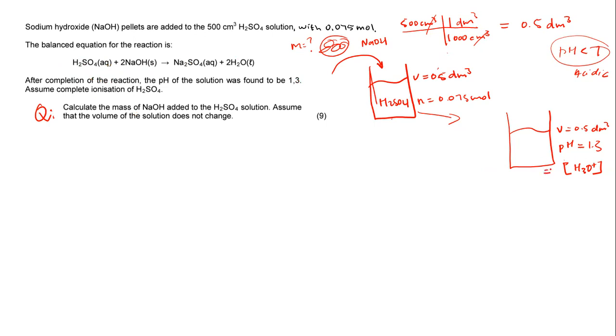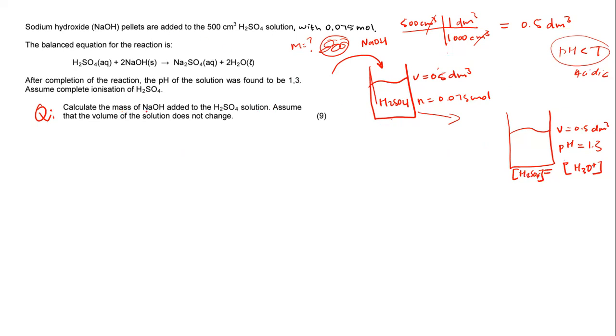So the concentration of H3O plus ion will correspond with the concentration of H2SO4. Okay, right. So now let us try to perform the calculations based on the information provided to us.